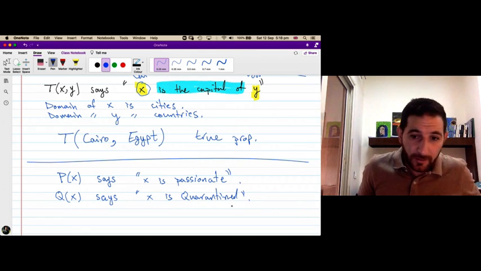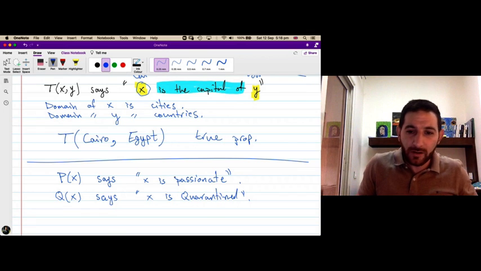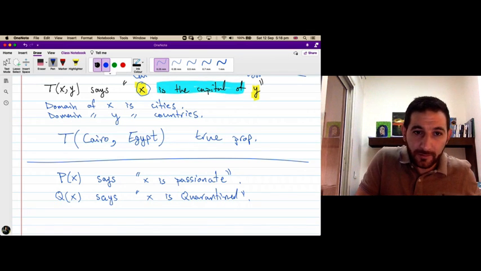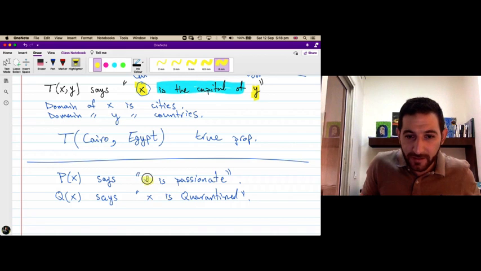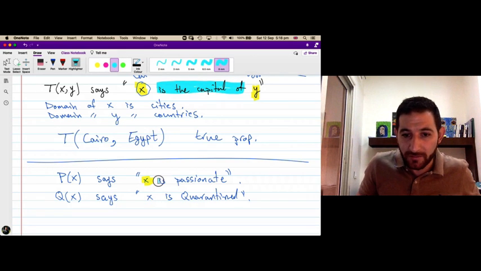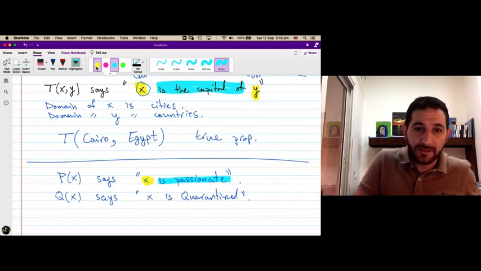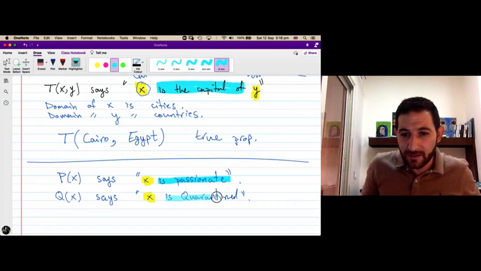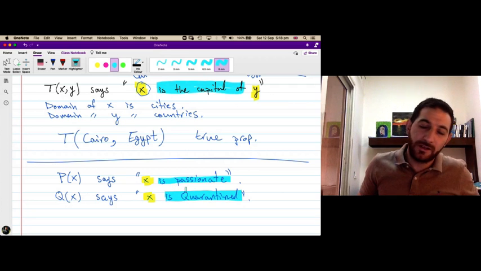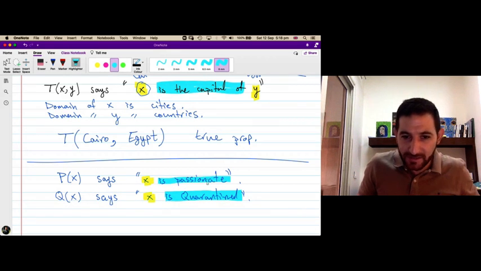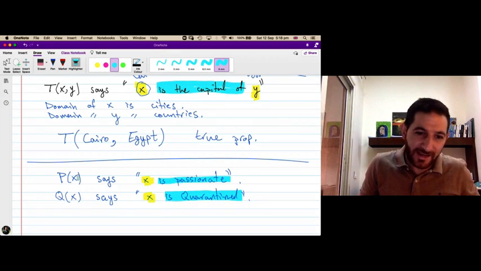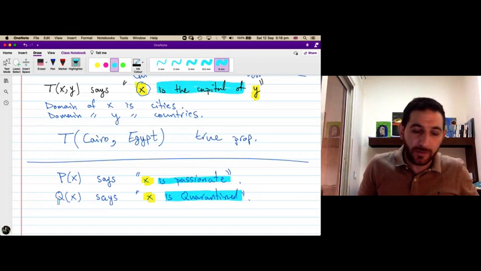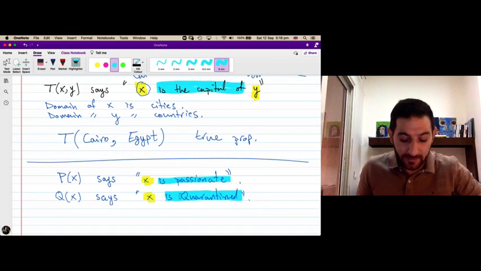Why are these predicates? We talk about a variable. Here is the variable, and here is the property of the variable, being passionate. And similarly, here is the variable, and this is the property that this variable is quarantined. So these are predicates. P of x means x has property P, where the property here is being passionate. And Q of x is x has property Q, where property Q is being quarantined.